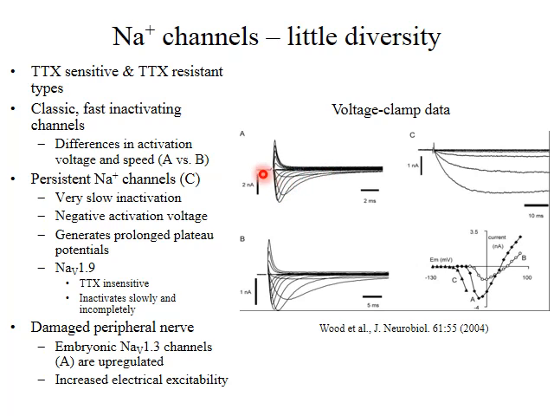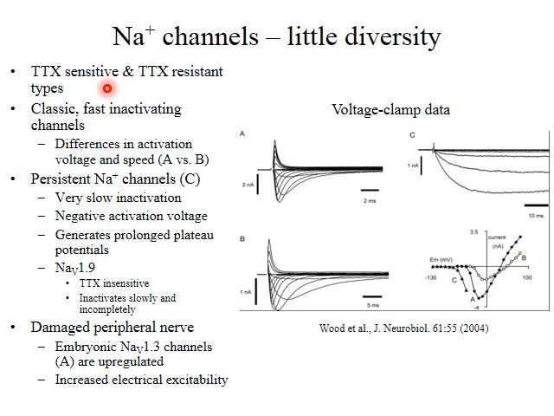As you can see, if you compare this voltage clamp data with that shown in B, the activation and inactivation of the channels in B is quite a bit slower than that in A. So the kinetics of these two types of sodium channels are somewhat different. The activation voltage at which the channel opens is also different, and this is clearly shown in this current voltage plot, this IV plot, which shows that the channels shown in A activate at a slightly more hyperpolarized voltage than the channels in B.